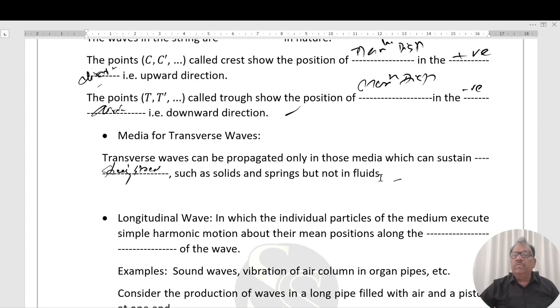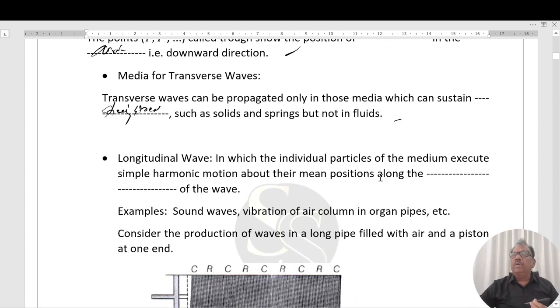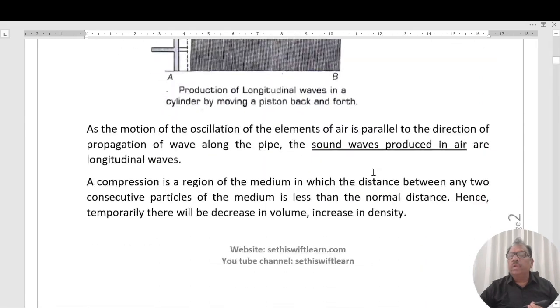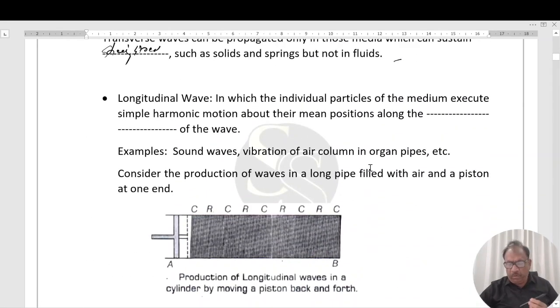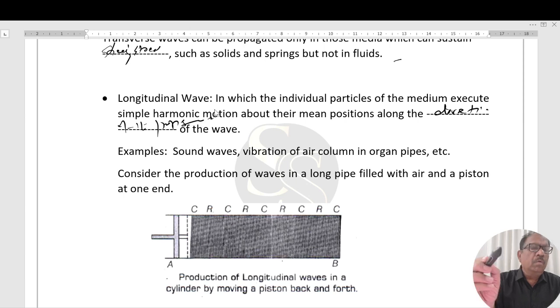Longitudinal waves. In longitudinal waves, individual particles of the medium execute SHM about their mean position along the direction of propagation of the wave.